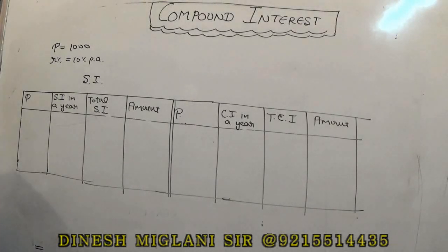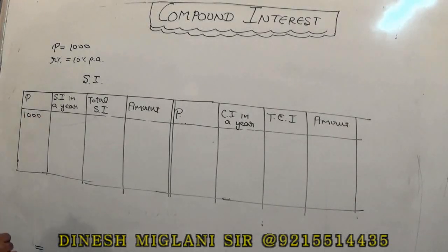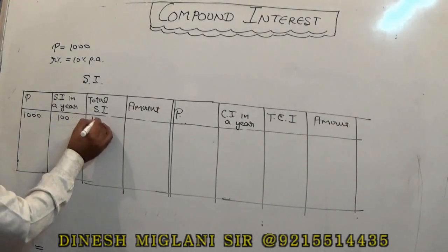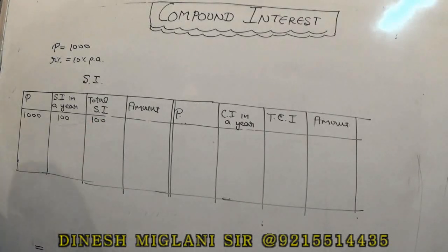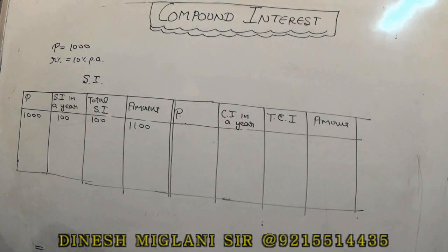When I take the case of simple interest, I can take principal is 1000, interest in first year is 10% of this, 100, total interest at the end of first year is 100, and amount becomes 1100. In simple interest, as I earlier told you, principal will always remain same.